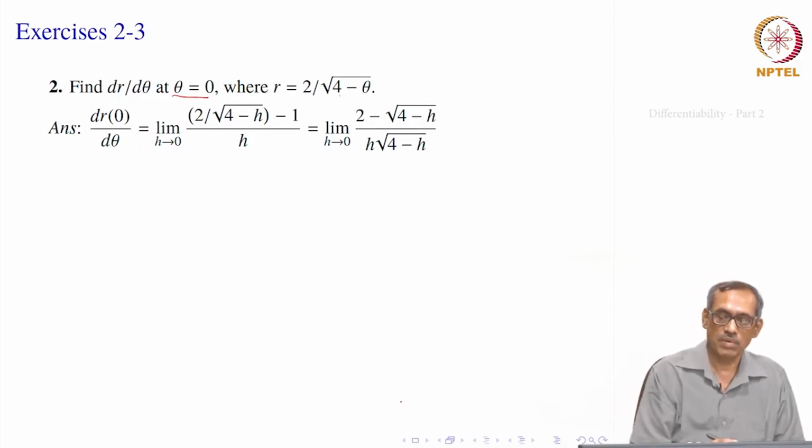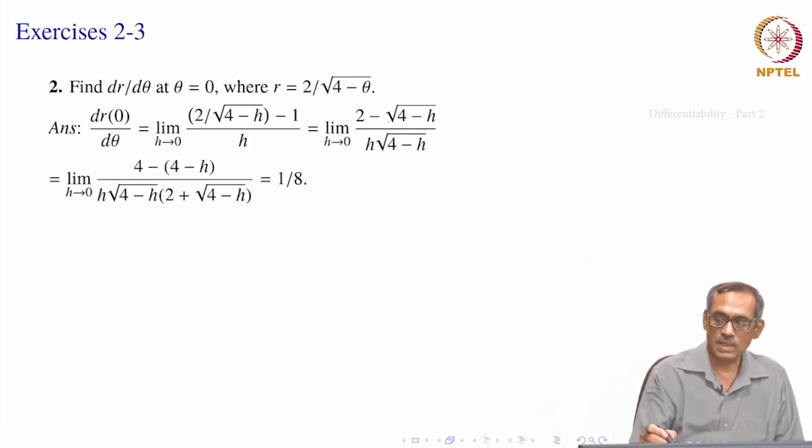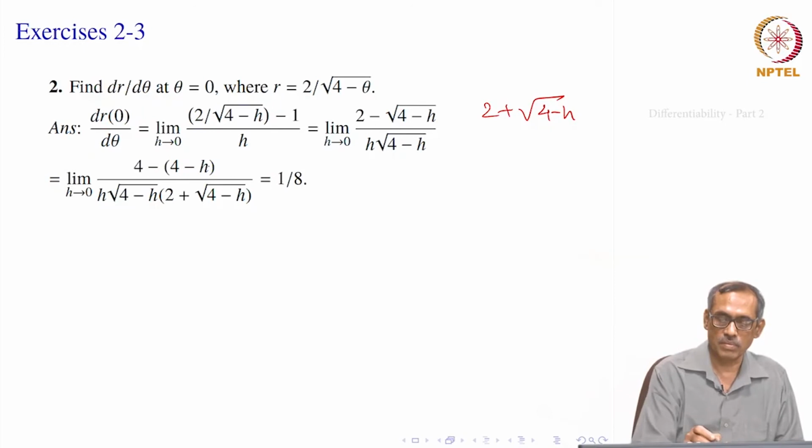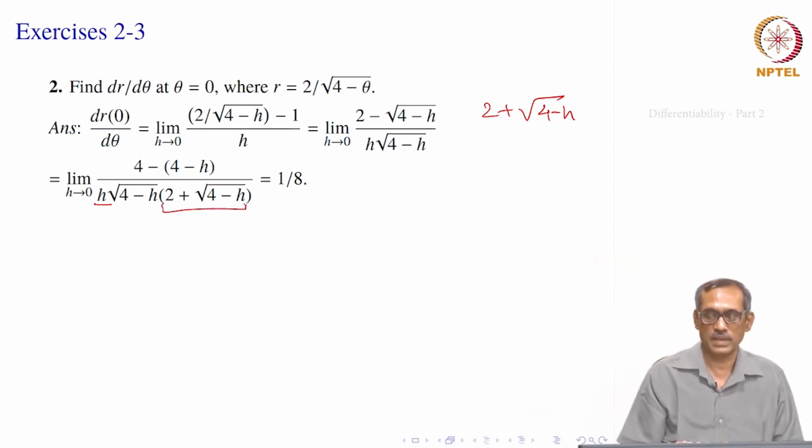Again we may have to multiply by a similar thing, so that this h will be removed. So, we multiply 2 plus square root of 4 minus h on the top and on the bottom. So, the top becomes 4 minus h and bottom becomes h into square root of 4 minus h into 2 plus square root of 4 minus h.